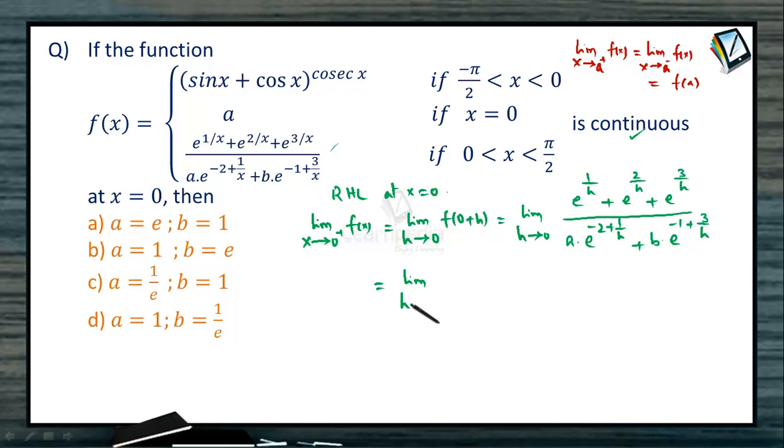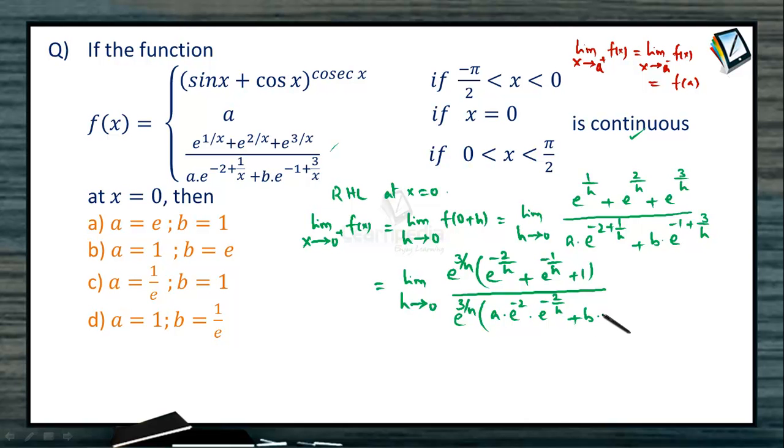Then it is the limit as h tends to 0, e to the power of 3 by h taken common, and what is left inside is e to the power of minus 2 by h plus e to the power of minus 1 by h plus 1, by, in the denominator also, when we take e to the power of 3 by h common, this becomes e to the power of 3 by h times a into e to the power of minus 2 times e to the power of minus 2 by h plus b into e to the power of minus 1 times 1. Now the common factor taken gets cancelled.